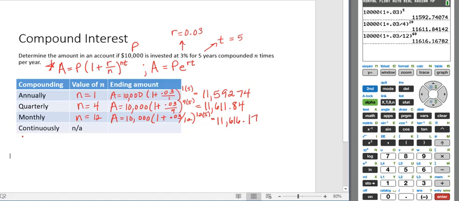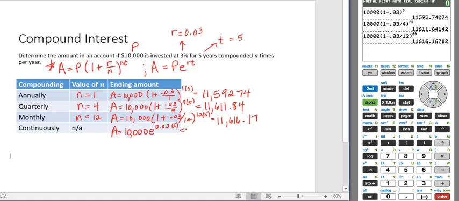And then for the compounded continuously, we're going to have A is equal to P, which is 10,000, times our base e, and then raised to the rt, so 0.03 times 5.